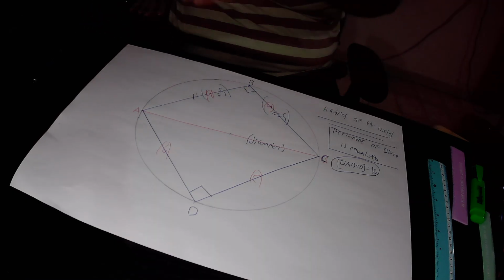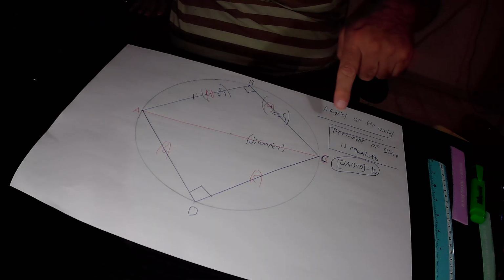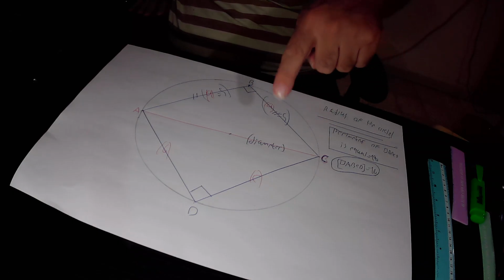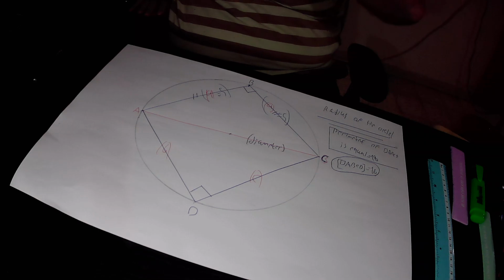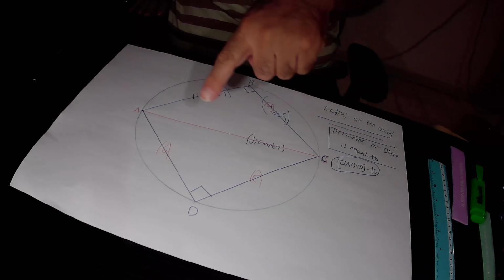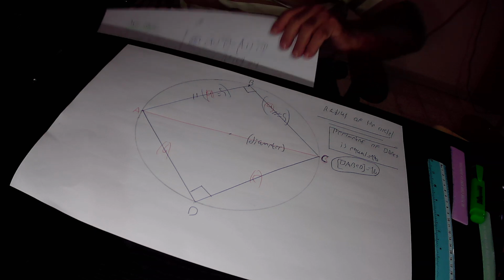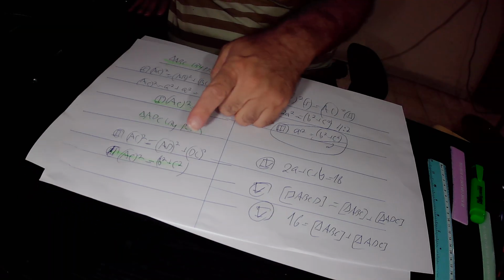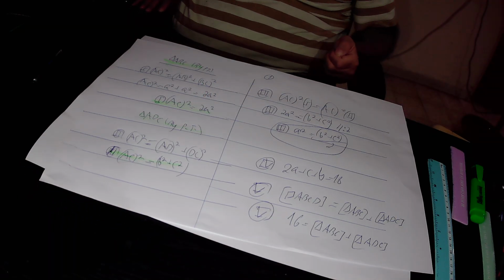AD is B, therefore AD square is B square, plus CD square. CD is C, therefore CD square is C square. So in total, AC square equals B square plus C square, according to equation 2.